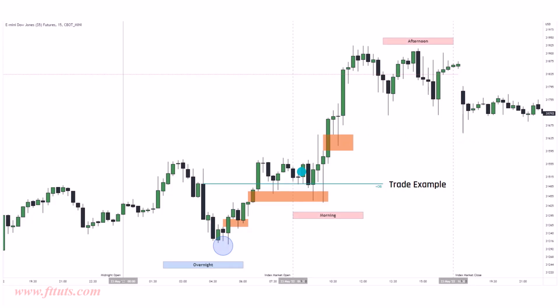So now we want to refine our risk, and that's the short-term perspective. We can see here, midnight opens, we have an inducement.